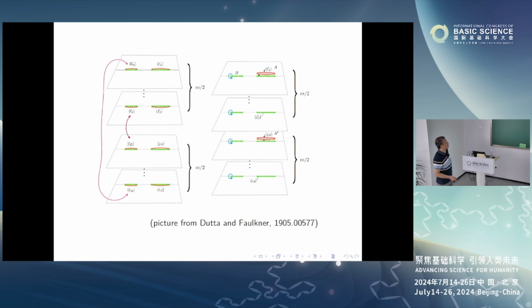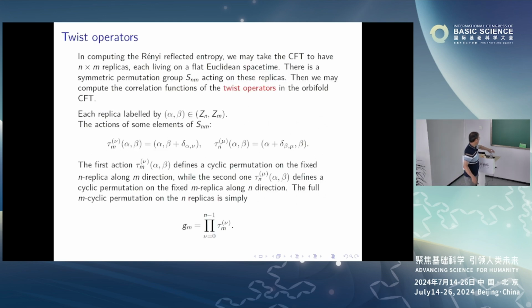And the computation is quite complicated. I think I have no time to explain it in very much detail. In the Euclidean case, in the Euclidean spacetime case, we know that to compute the Renyi entropy, there are two different ways. One way is to compute the partition function of our original theory, but on a very complicated Riemann surface.